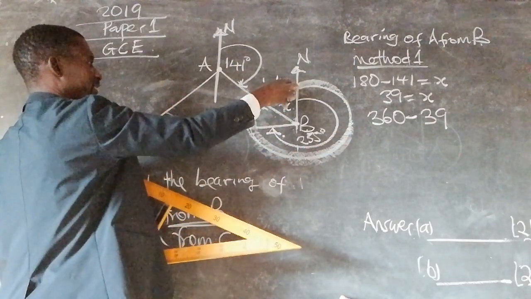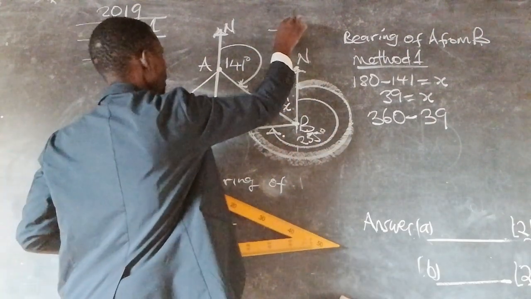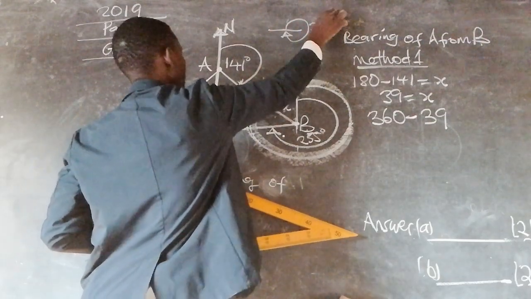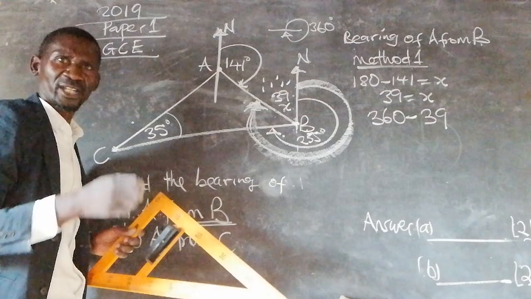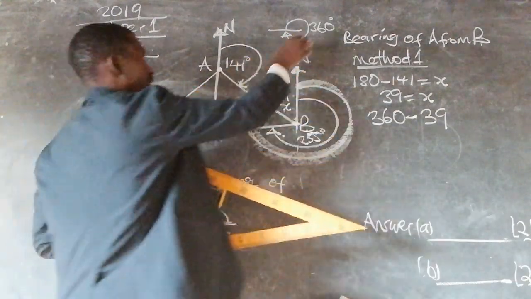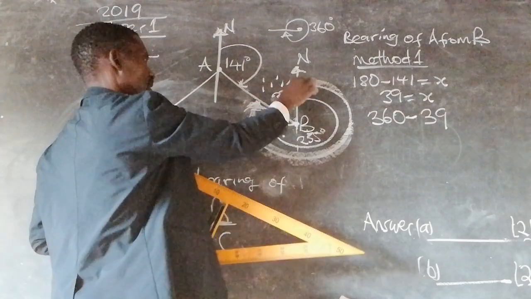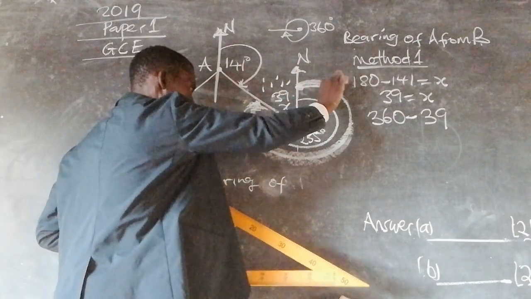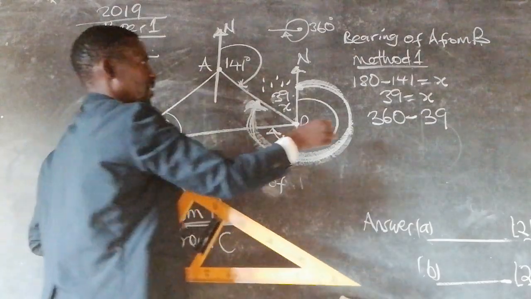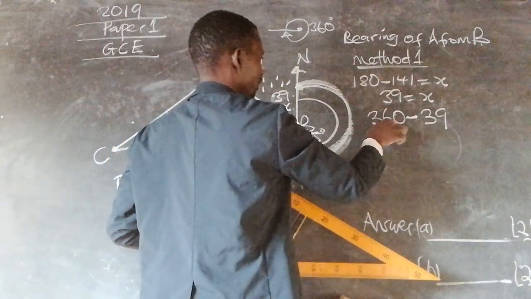It is this 39 preventing that from becoming a revolution, because a revolution is a complete turn, which is 360. Remember, we looked at angles at a point. So this is a point. Considering the angle at a point, we move from there until we stop there. So this is 39. So let's take away 39 from 360.